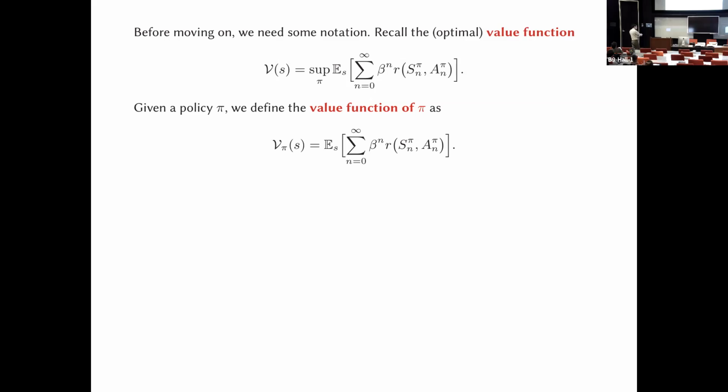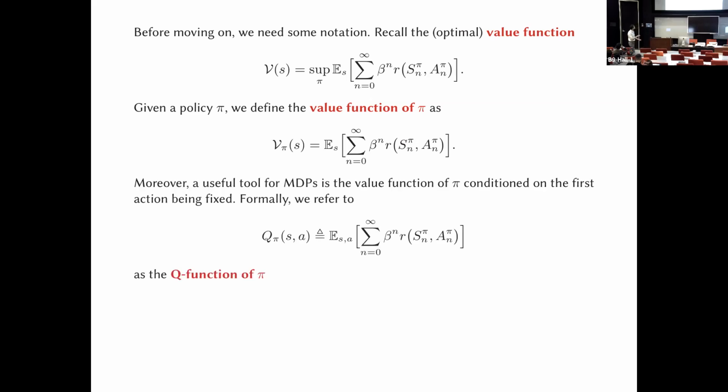And also what we know from the dynamic programming principle, we mostly care about what action do we take in which state. So maybe we might be interested in what is the expected total reward that I can get if I'm in state S, and I already know that I will use action A. This is called the Q function of pi, because it's denoted by Q, or action value function sometimes.